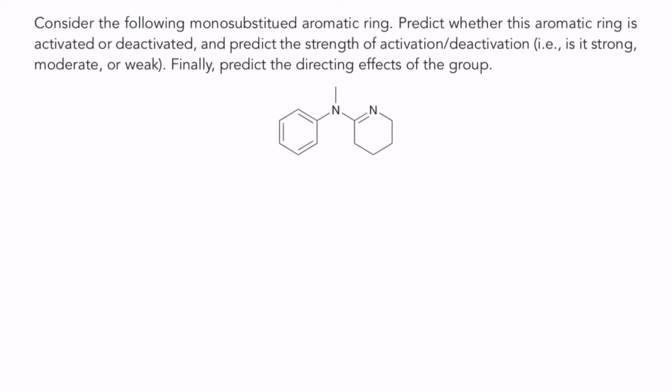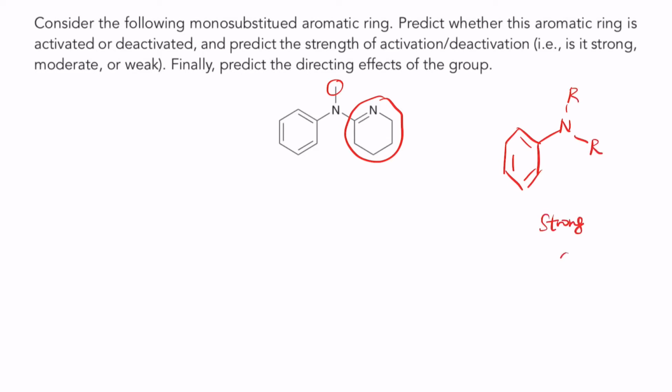Notice the nitrogen here is di-substituted. So it's similar to the structure that we saw before, which is nitrogen with 2 R's. Right, so this is a strong activator. But the problem here is, notice the nitrogen here has a lone pair and this also has a lone pair.